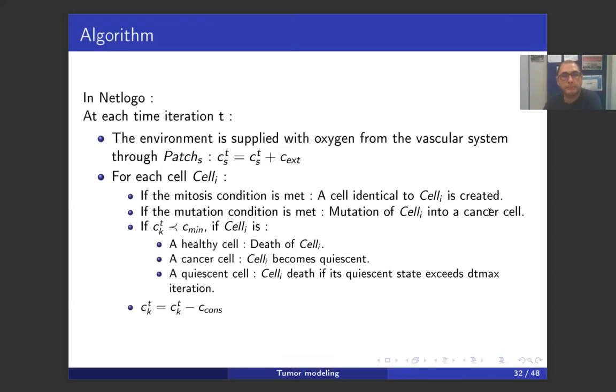And using NetLogo, we assume that in each time iteration, the environment is supplied with oxygen from the vascular system through the patch S, and this oxygen in the patch S is increased by some quantity, say external oxygen, which is given by the organ or by the organism.